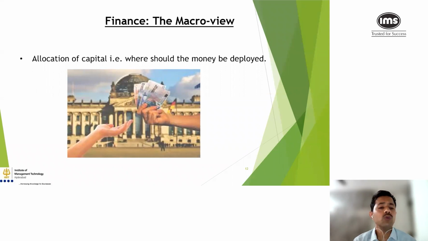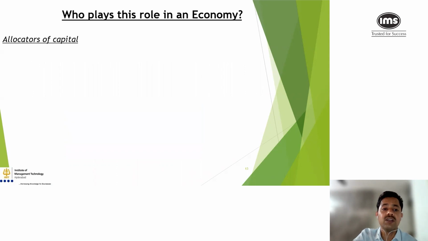So when you look at this function of allocation of capital, which are the broad entities in the country who would be responsible for allocation of capital? If we look at the whole economy, there are broadly four allocators of capital, and so the places where jobs would be are, basically, governments.